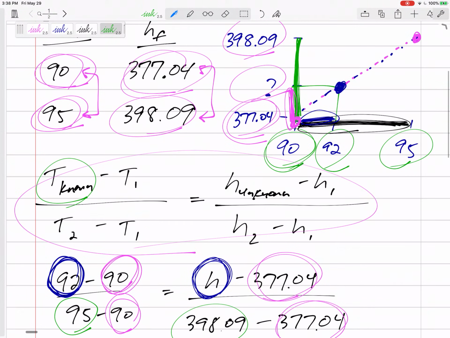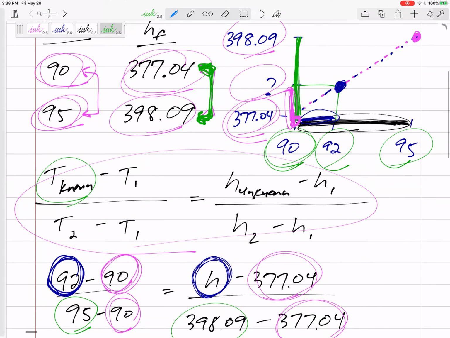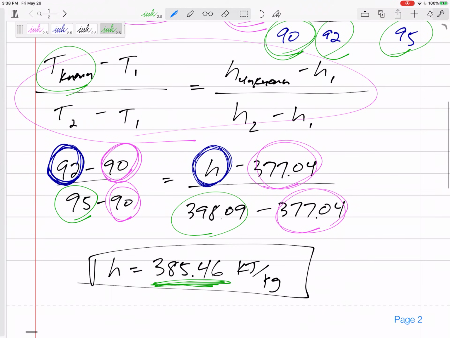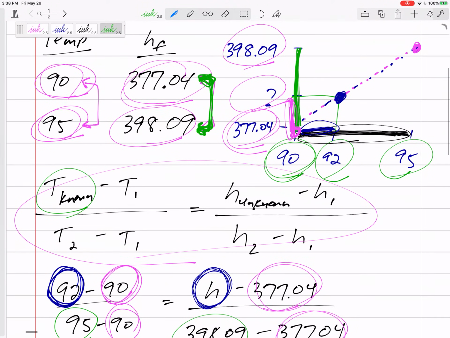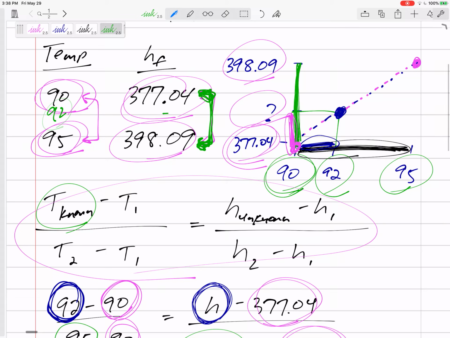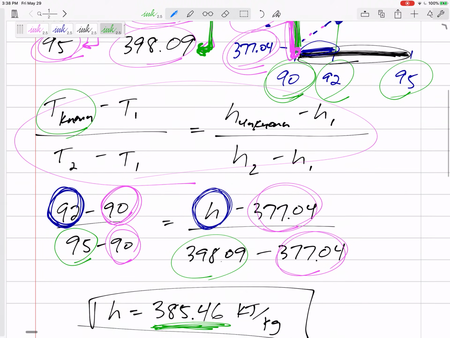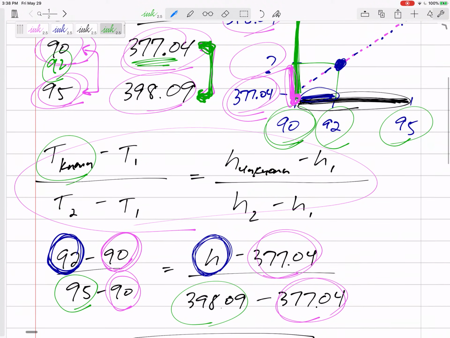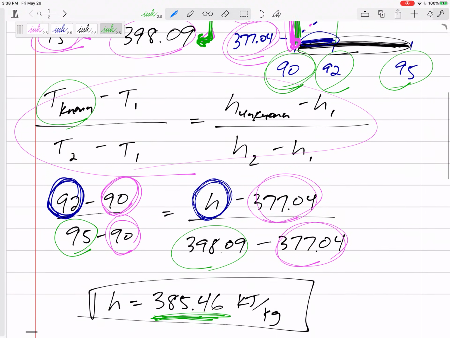First of all, your answer better be in between these two values. I've seen way too many students who would give me an answer that says 400 something, or even worse, they'd say my answer is 24.3 or something like that. Make sure your answer is in between the two, and you should be able to tell that if this is 92, it needs to be closer to 377 than it is to 398, because 92 is closer to 90 than it is to 95.